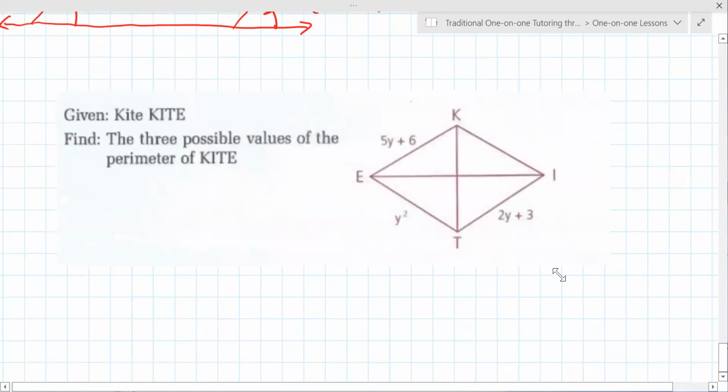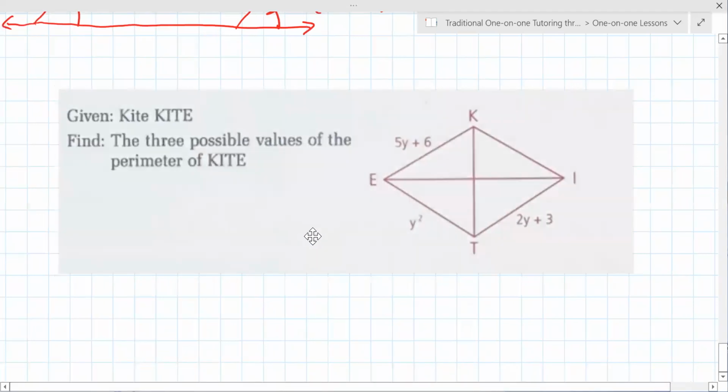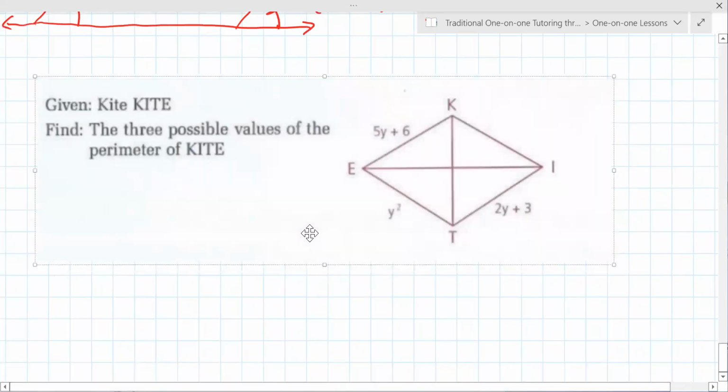All right, find three possible values of the perimeter of kite K-I-T-E.